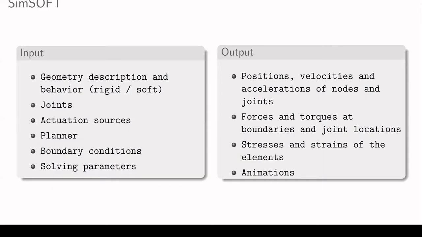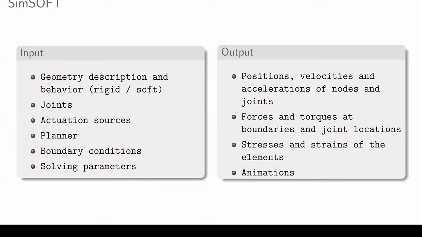And we have packaged the models in a solver, and the solver takes as input the geometrical and topological description of the system and the behavior, which can be either rigid or soft, the typology of joints, and the actuation sources, the boundaries, the forces, and the solving parameters.